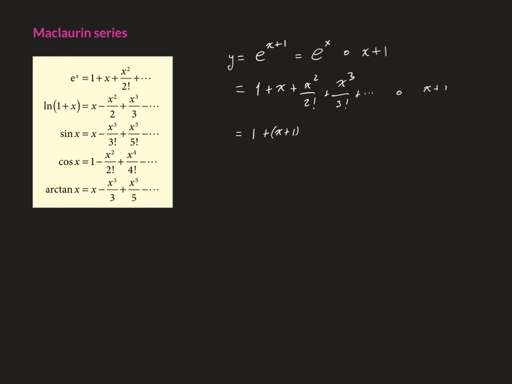So 1 plus (x plus 1) plus (x plus 1) squared over 2 factorial plus (x plus 1) power 3 over 3 factorial and so on. So in general, the function e to the power of x plus 1 is going to be the sum from n equals 0 to infinity of (x plus 1) power n over n factorial.